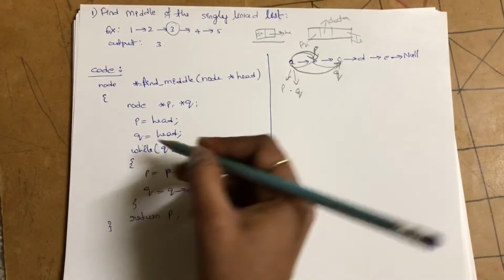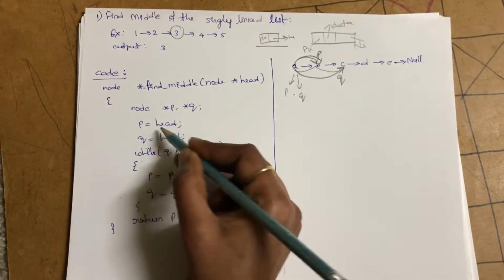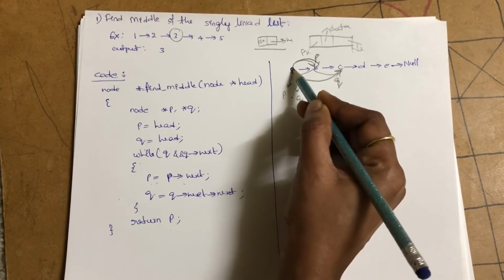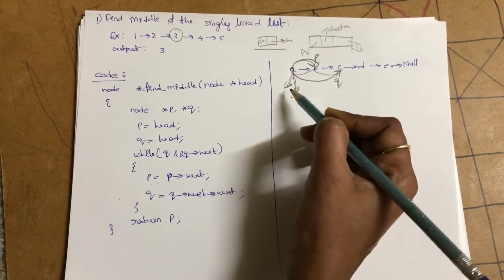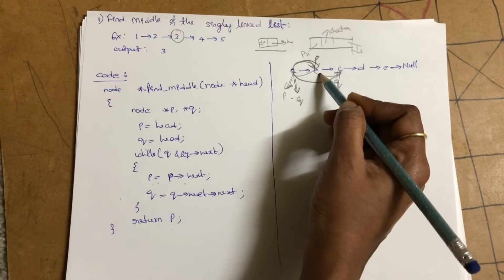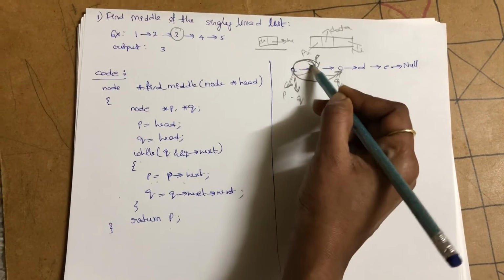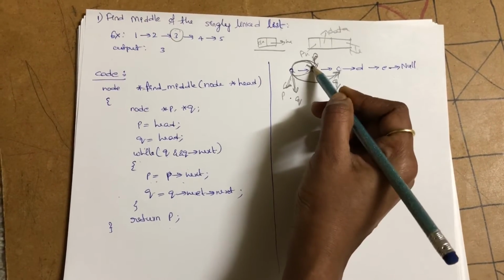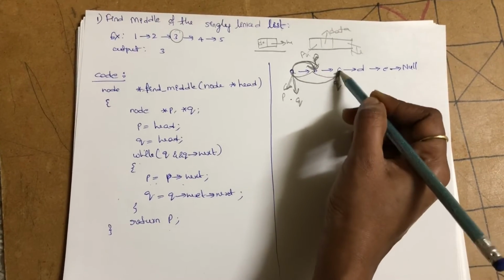So let's see, for example: Q is not equal to null, Q is here and P is here, and Q next is also not equal to null, so both move forward. P becomes P next and Q becomes Q's next.